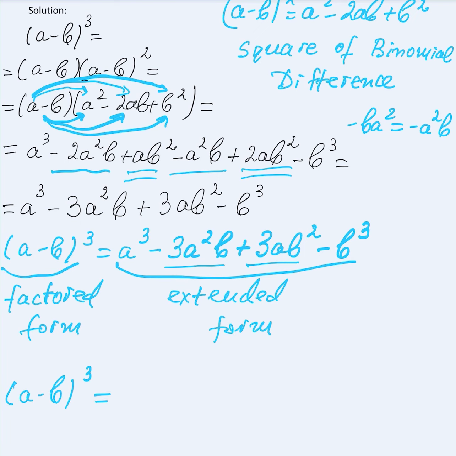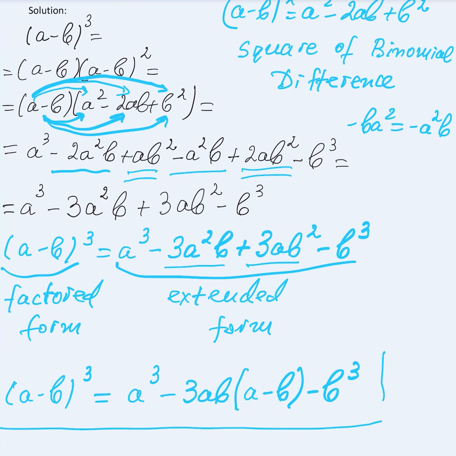This other form of the right side of this equation can be written with 3ab as the common factor from these two terms, put in front of parentheses. It'll give us a^3 - 3ab(a - b) - b^3. This is just another form of the same formula, which is also widely used and maybe easier to memorize.